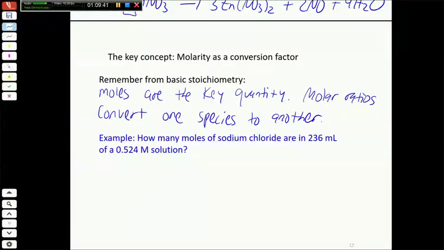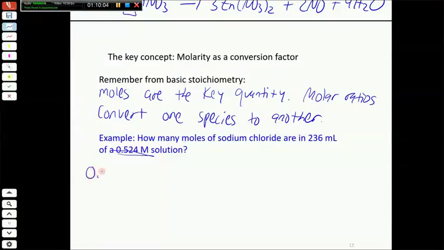The difference is when we're doing reactions in solutions, very often we're going to use molarity as a conversion factor that involves moles. So as an example, if we want to know how many moles of sodium chloride are in 236 milliliters of a 0.524 molar solution, we can use this molarity, 0.524 molar, as a conversion factor to determine the number of moles.